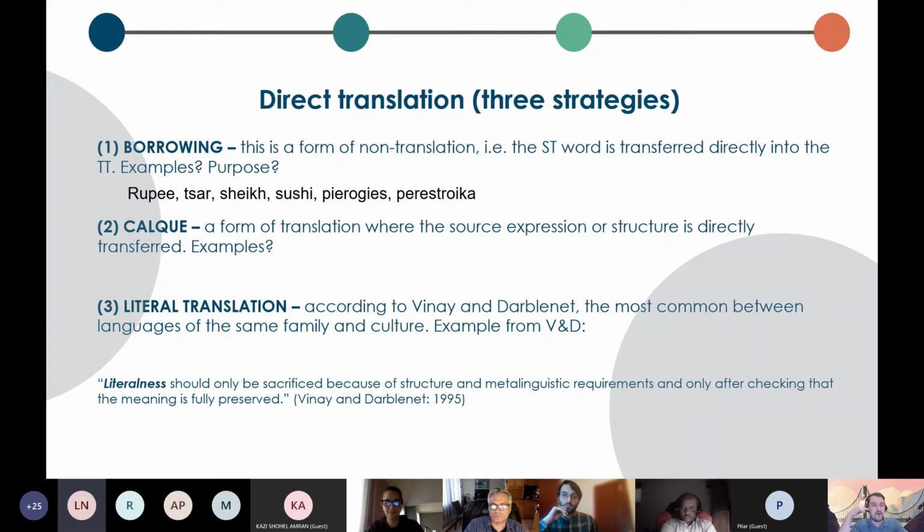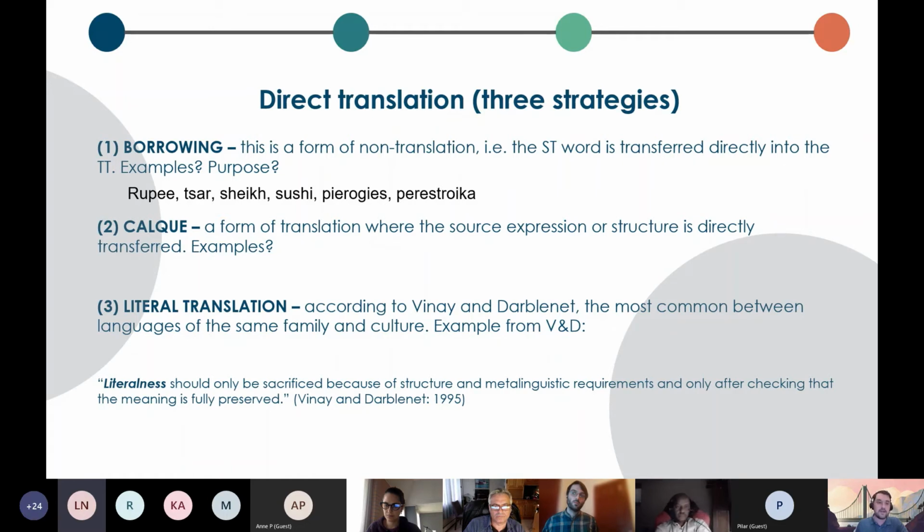What is the purpose of borrowing, do you think? When there is not a word for that thing in the target language? Yes, exactly. So usually there is no word for it. However, I think there's a word for most of these in English. Rupee, not necessarily, but you could say dollar; tsar could be a king; perestroika is rebuilding or restructuring; pierogies are dumplings.